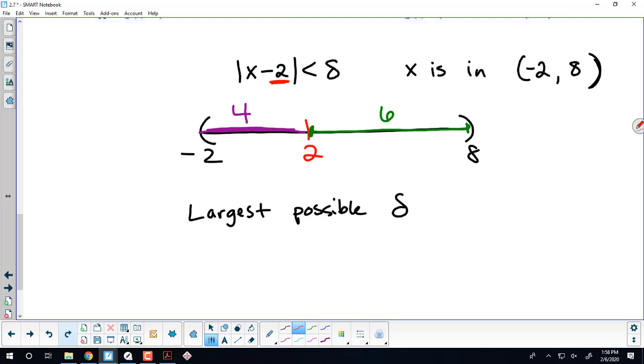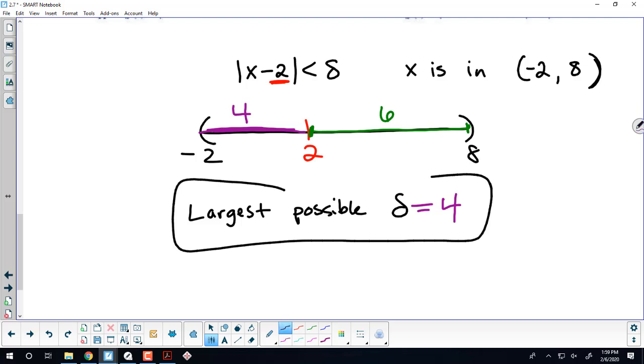Because if you choose the larger of the delta values, on one side you're going to be out of that interval. Okay, any questions about that?